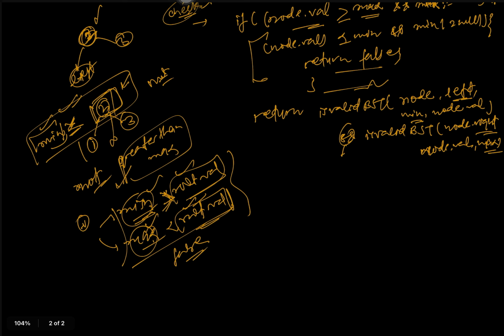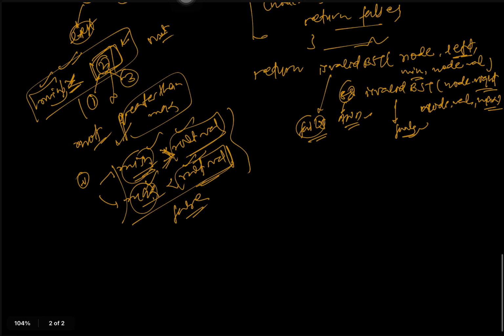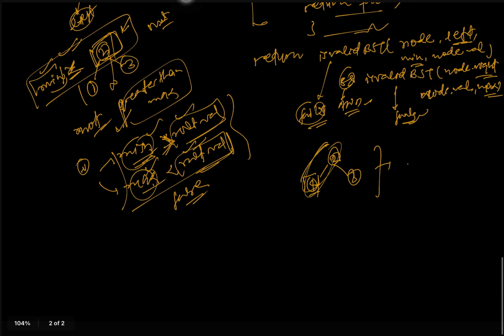And why do we use and? It means if either condition fails, the whole thing fails. Like if you have 2, 1 and 3, and here you have 4, this condition fails, and this is obviously not a valid BST. That's why we are using and here.